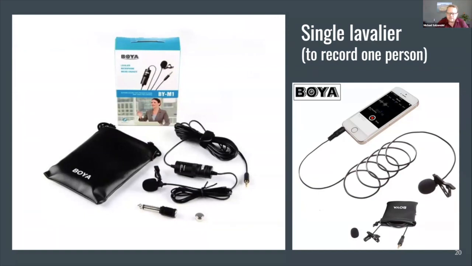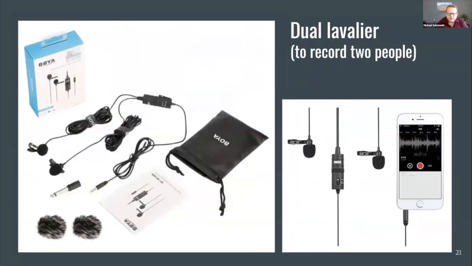So you can get a single lavalier like this for recording one person, or they also make a dual lavalier. So you've got two mics running into one phone. That's great if you obviously want good quality audio from both yourself and your interviewee. And they come with really long cables, so that's great for social distancing.